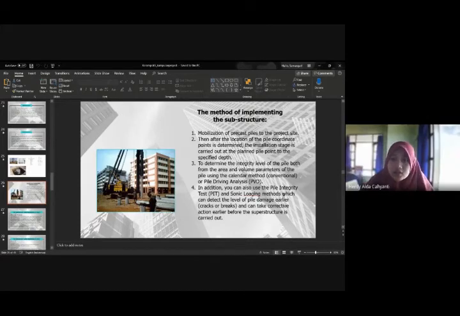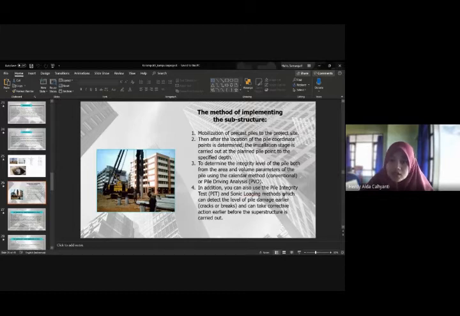Yes, the method of implementing the substructure. Number one, mobilization of equipment and space to the project site. Number two, after the location of the bore points is determined, the layout of the bore points is carried out.